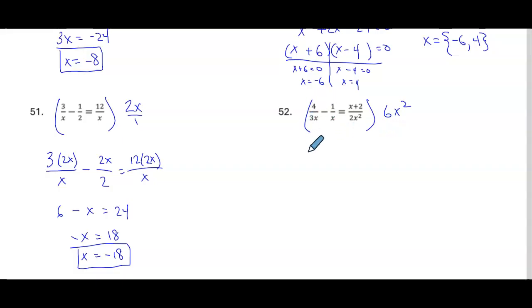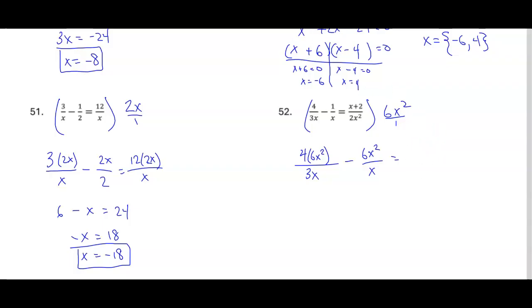So I'm going to do the same exact procedure that I did last time. Take the original numerator, this is over 1, the original numerator times 6x squared over 3x. Take the original numerator in the second fraction, which is 1 times 6x squared is 6x squared over x. And then the third, let's do it the same order.